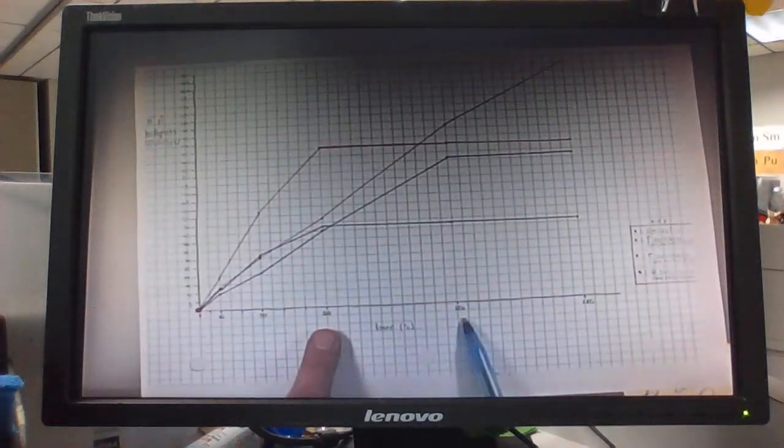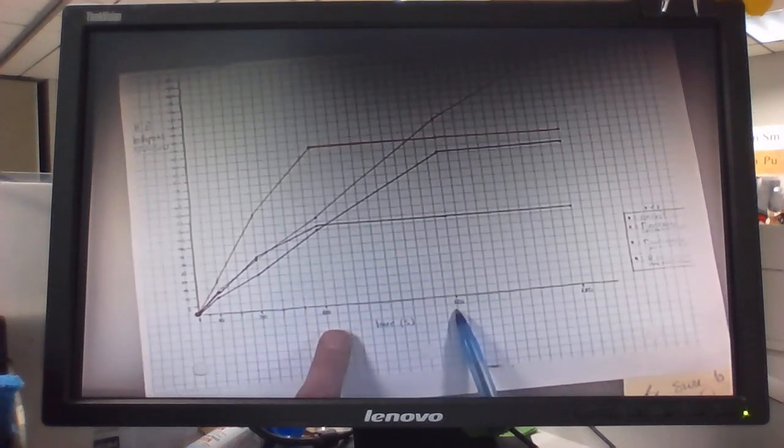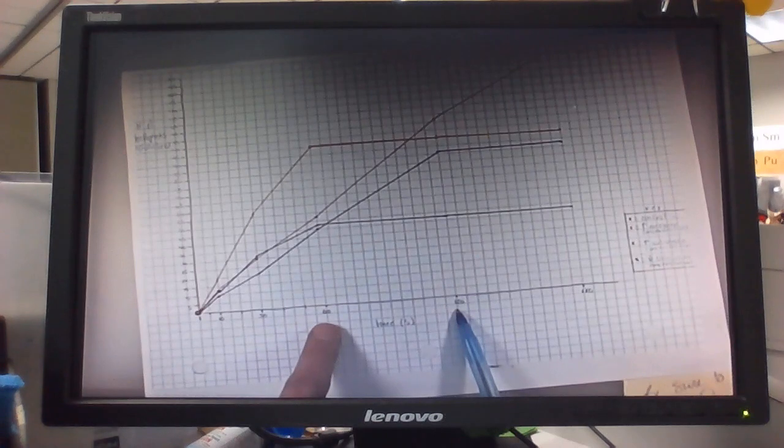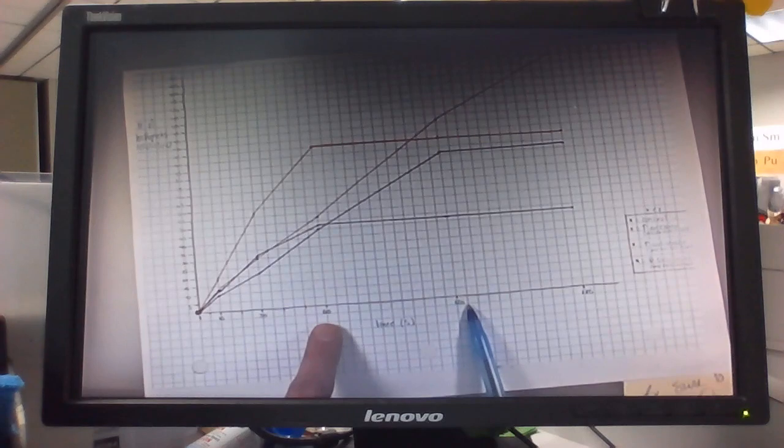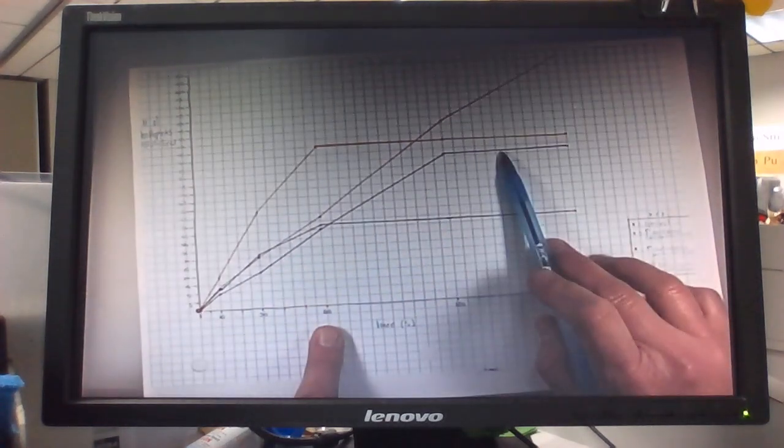So, did that happen at the same time for both of those situations? When we doubled the concentration of the enzyme, when did we run out of substrate sooner? At 60 seconds. And it took us another whole minute in order to run out of it with our baseline.